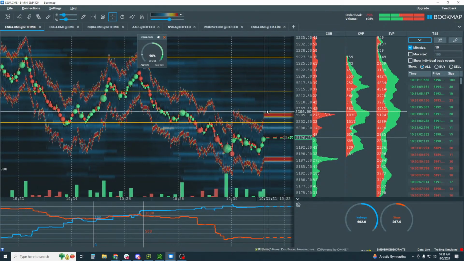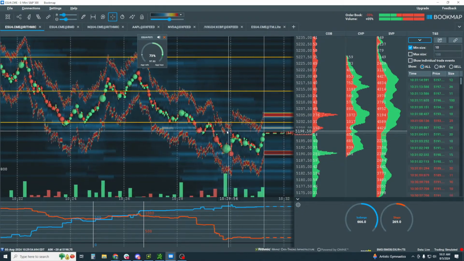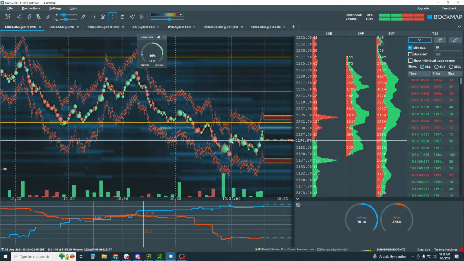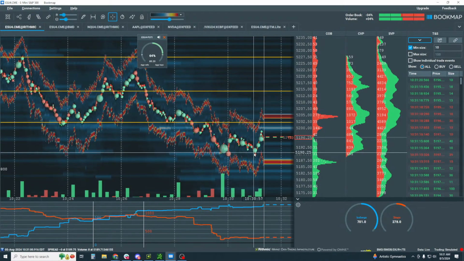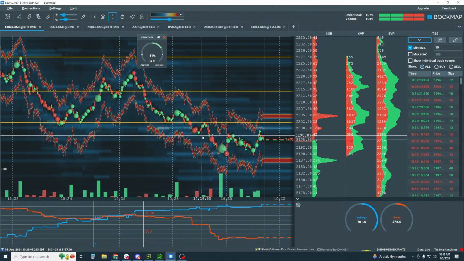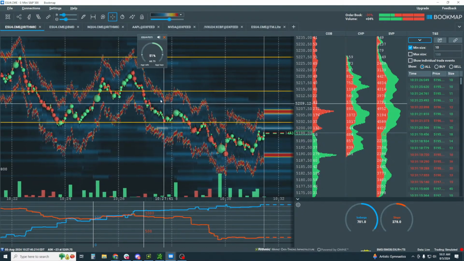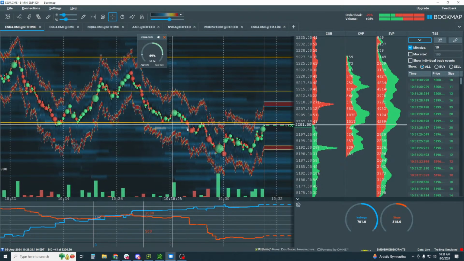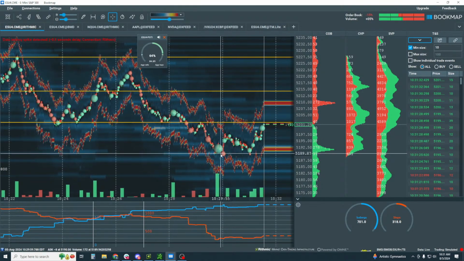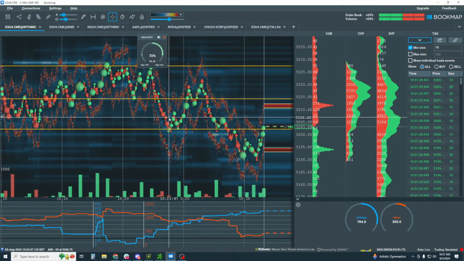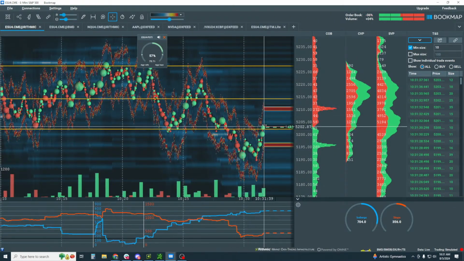Okay, so here we go. Look at this in here. See how it can be so tricky, but the order flow is telling us pretty good stuff so far. We were looking for the move back down to 5,200. Now we saw the drop below, but we said no, we're going to look for either a pullback and see what happens back up in here.